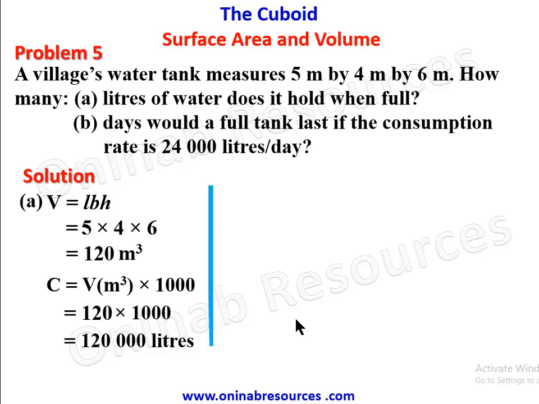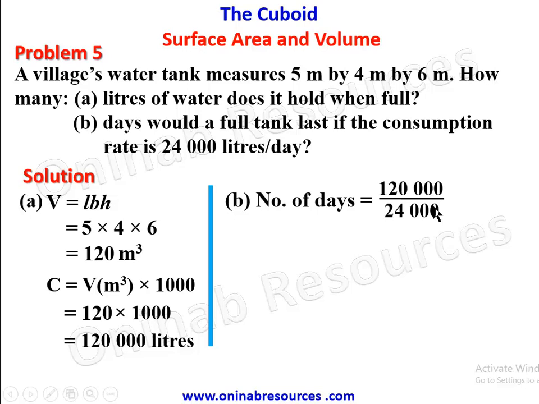Now we go to B. Since the consumption rate is 24,000 per day, to get the number of days, it is 120,000 liters divided by 24,000.